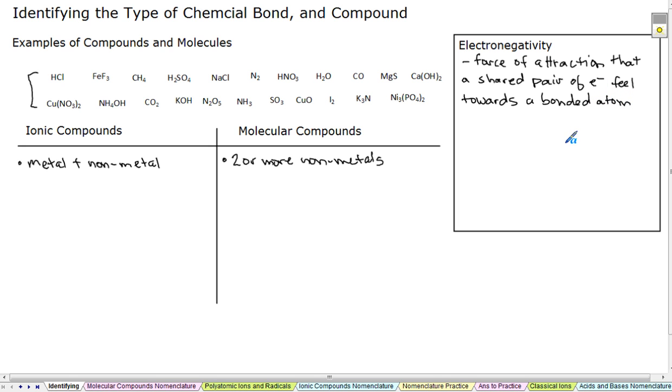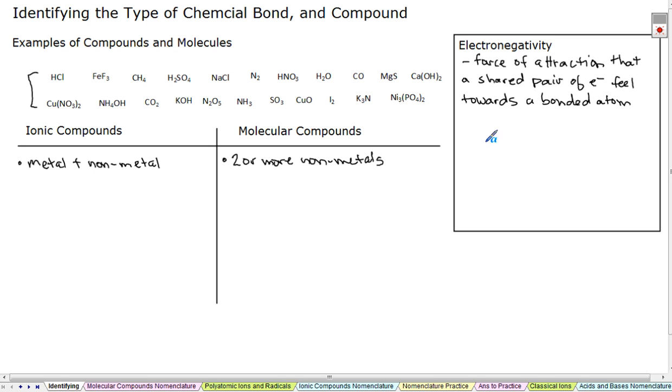Depending on what the atom is, it will have a greater electronegativity. Your elements that have the strongest electronegativity are found on the right-hand side of the periodic table, your halogens and oxygen. And your elements with the weakest electronegativity, of course, are your metals, especially your alkali and alkaline earth metals.